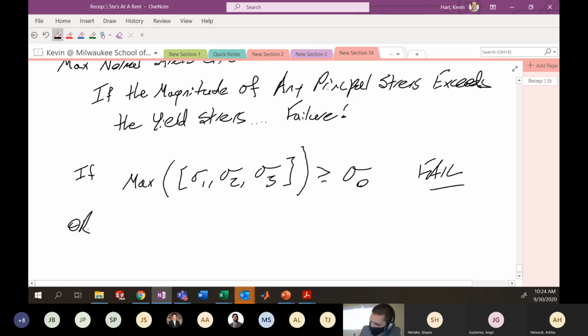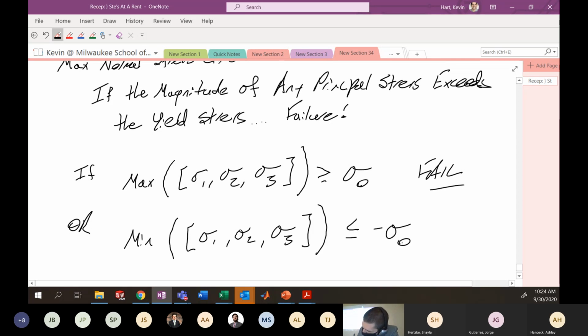Or if the minimum of any of these is less than or equal to the negative yield stress, you fail. Remember, we could have failure in both tension, which would be like that first condition, or compression, which would be that second condition.